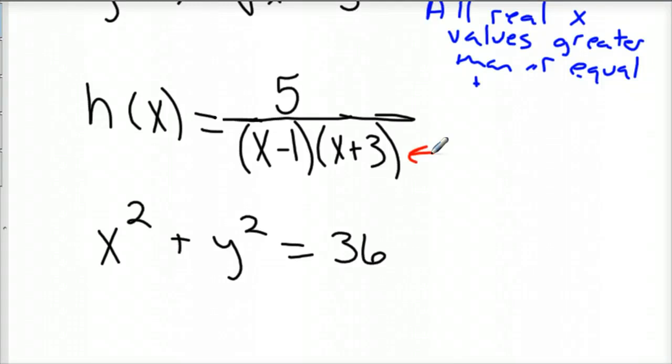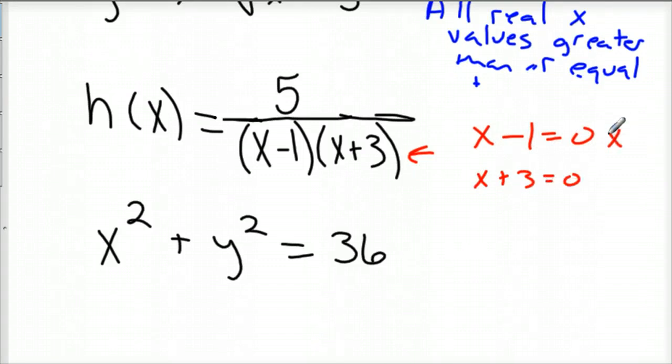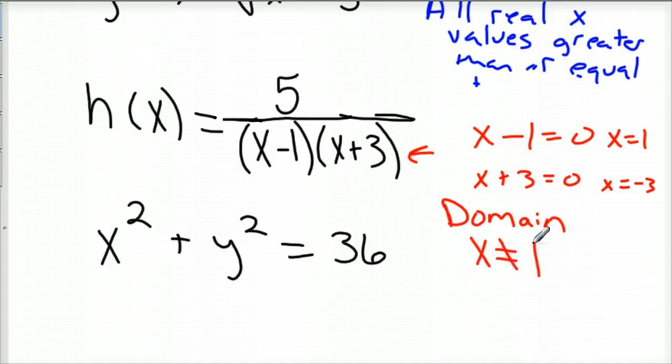Well, if you set each of those to 0, so x minus 1 equals 0 and x plus 3 equals 0, in that case x would be 1 and x would be -3. And in our case, our domain is all real numbers except 1, and x cannot be negative 3.